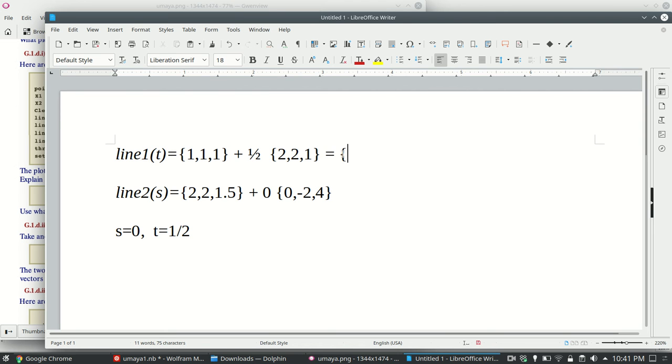We get 1, 1, 1 plus 1, 1, 1/2, or 0.5, let's say. Okay, and that is just 2, 2, 1.5. Right? And that is the same point, right? So that means that the intersection point is 2, 2, 1.5.